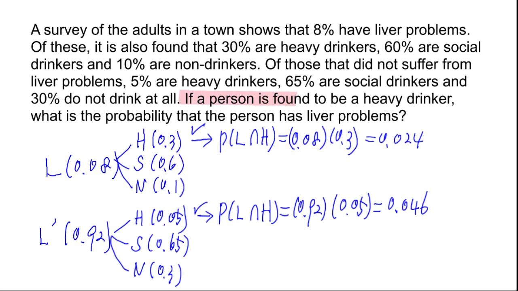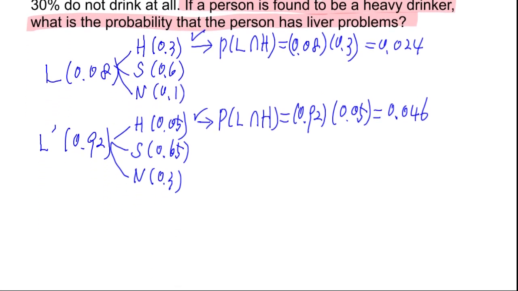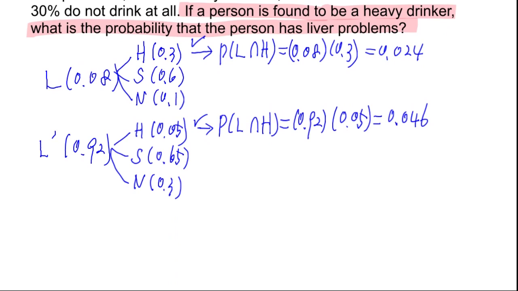Now, the question asks us, if a person is found a heavy drinker, what is the probability that the person has a liver problem? So the question asks us liver problem given heavy drinker, right?